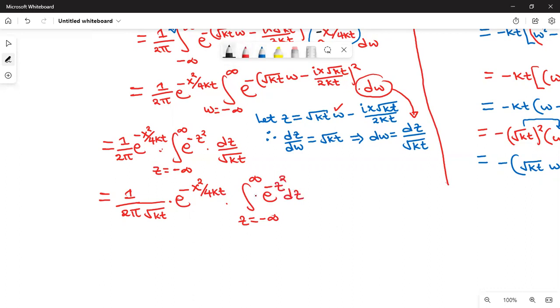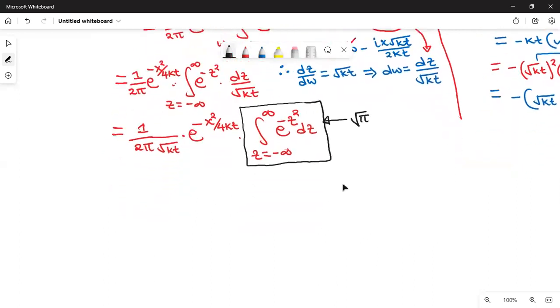Now, from the properties of the error function, or from the gamma and beta functions, the integral of exponential negative z squared dz from negative infinity to positive infinity is always equal to the square root of pi. I said the integral of exponential negative z squared dz from negative infinity to positive infinity should give us root pi.